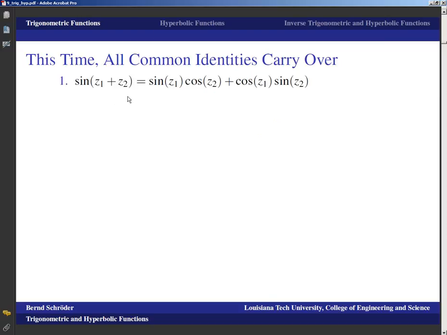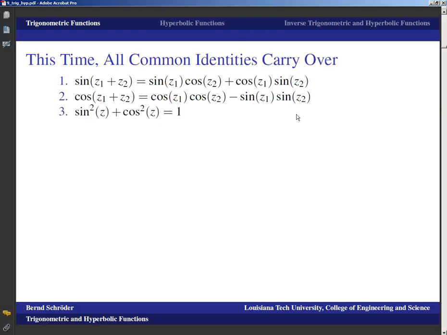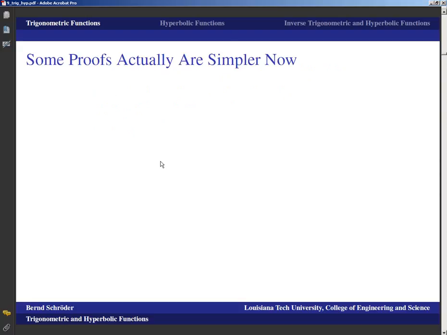So sine of z1 plus z2 will still be sine z1 cosine z2 plus cosine z1 sine z2. Cosine z1 plus z2 will be cosine z1 cosine z2 minus sine z1 sine z2. Sine squared plus cosine squared will still be 1. The sine will still be 2 pi periodic. The cosine will still be 2 pi periodic.